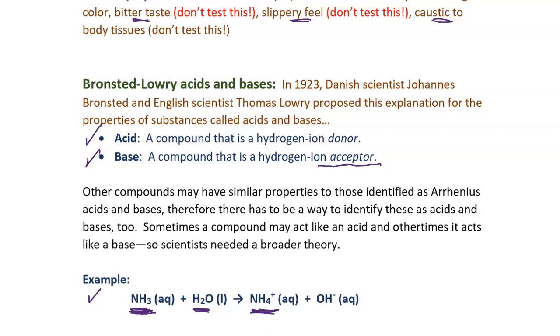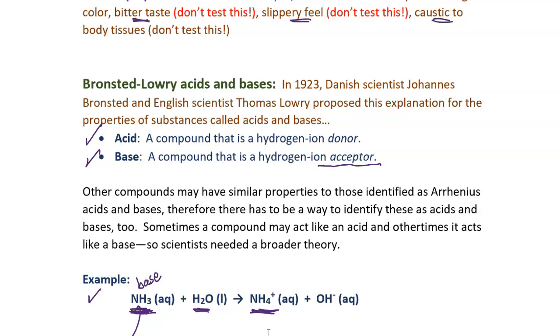Well, yes, it does. NH4 positive has one more hydrogen than the NH3 had. So NH3 is a substance that is able to accept a hydrogen ion from a nearby substance. The NH3 is a Bronsted-Lowry base.